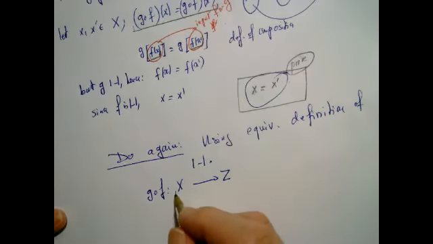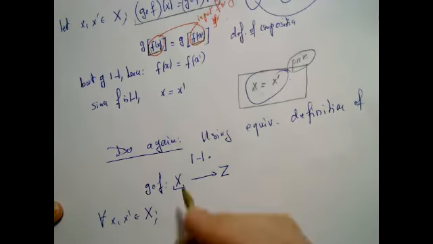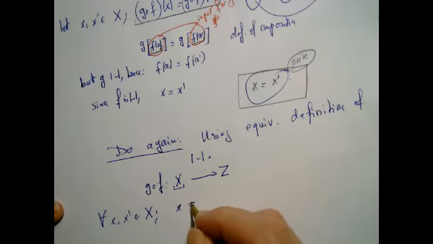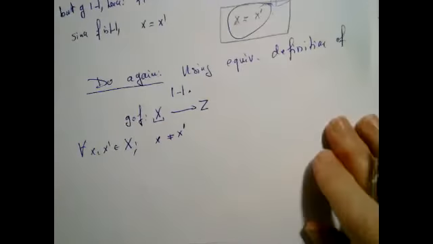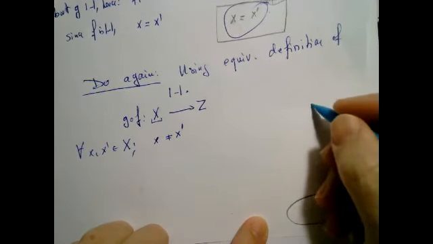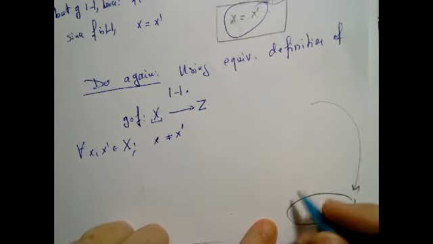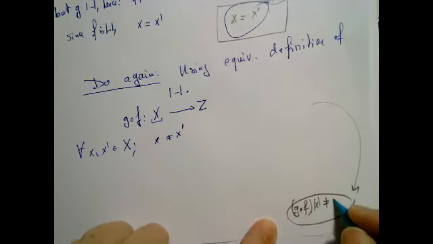It means I have to start with two elements in the domain such that X is different from X prime, and I have to convince you that the output under G composed with F of X has to be different from G composed with F of X prime.